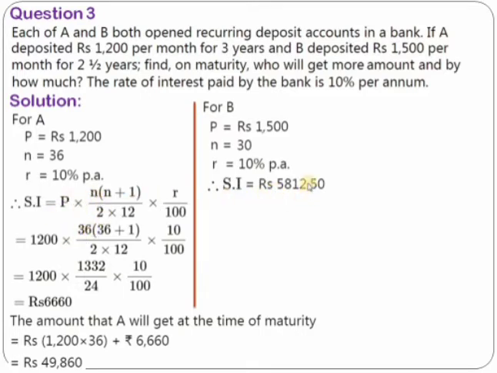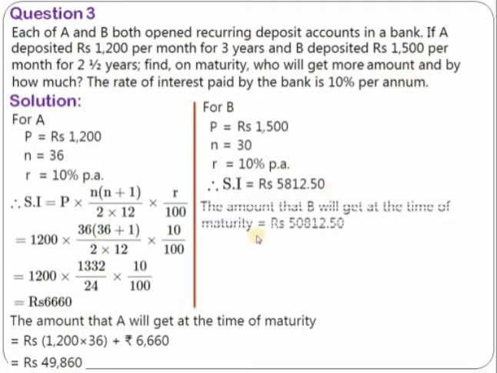I don't want to see you writing like this directly. I have given you directly the answer, so follow this way and find whether you get your simple interest to be this much or not. After finding the simple interest, again calculate the maturity value in this same way. I have not shown you how I got this, but you will definitely get this much.